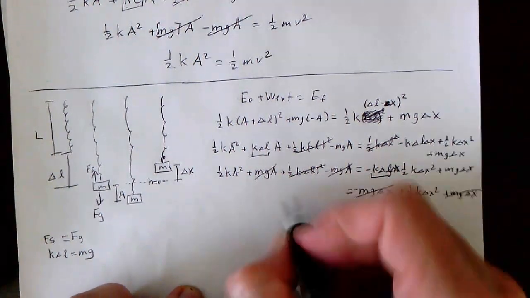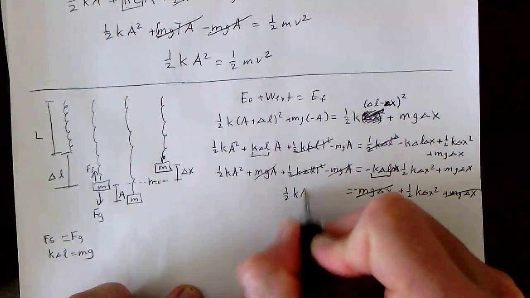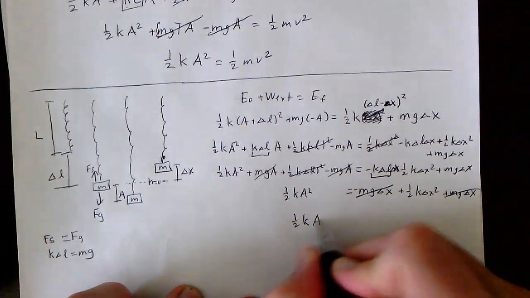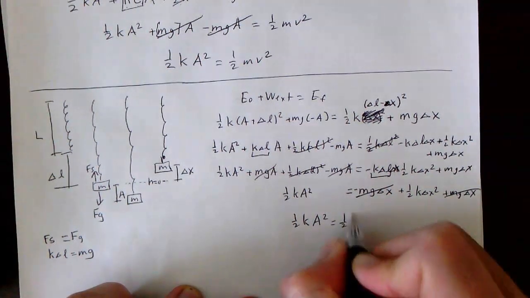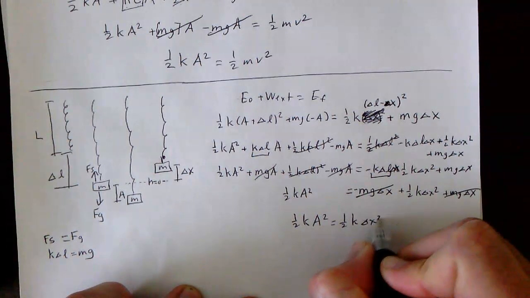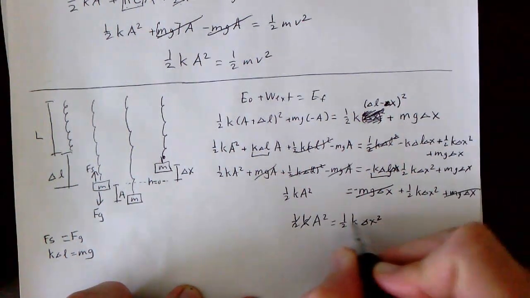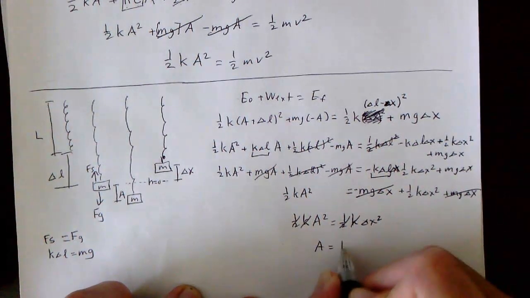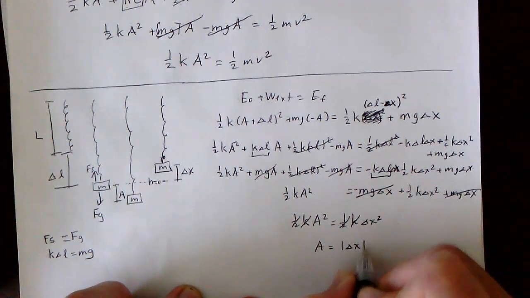And the only thing we have left over here is 1/2 K A squared. So 1/2 K A squared equals 1/2 K delta X squared. And the 1/2 and K reduce to 1. And so we see that A is really equal to the absolute value of delta X.